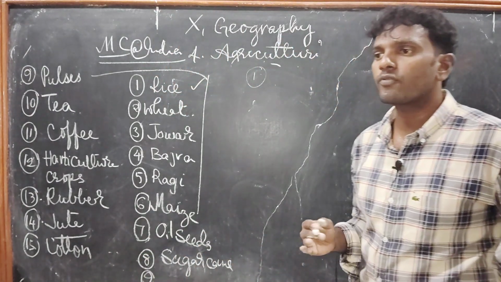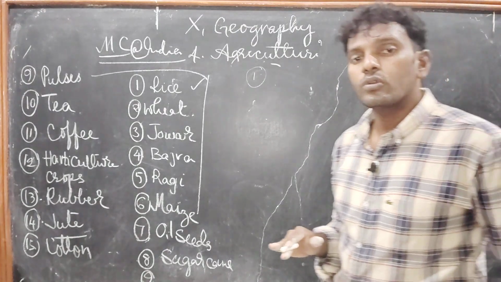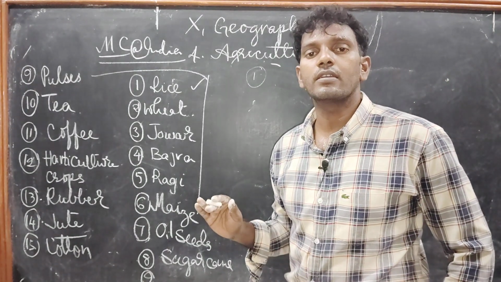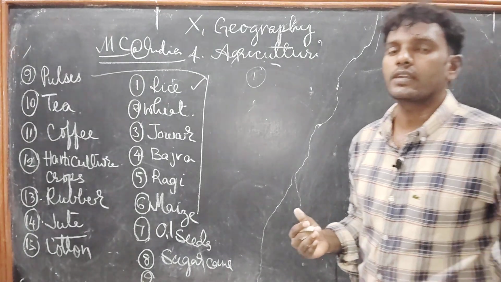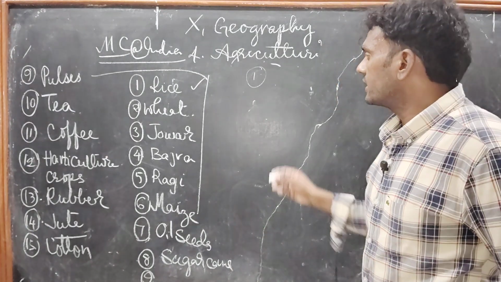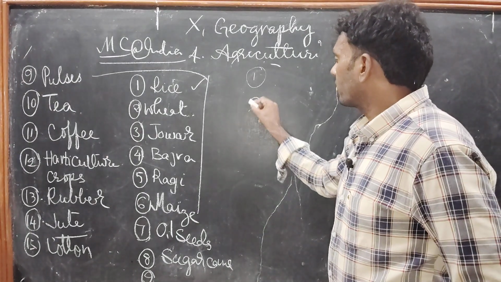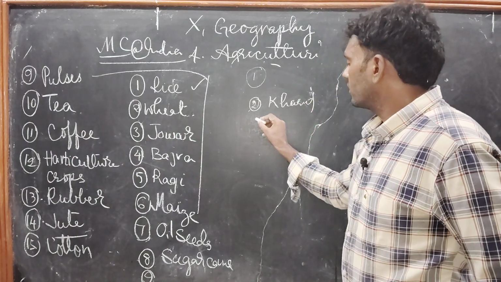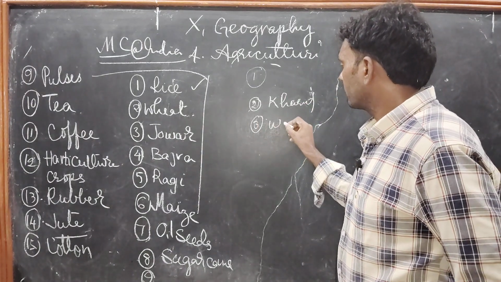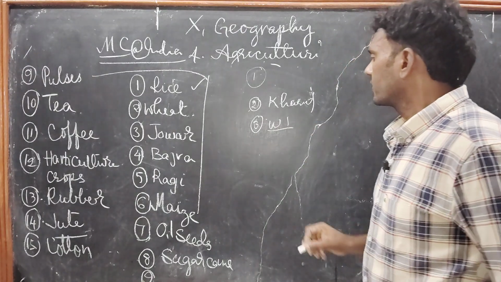and also it can grow from mean sea level up to 2,000 meters. It can grow in different varieties, and also it is a kharif crop, and it is a water intensive crop.